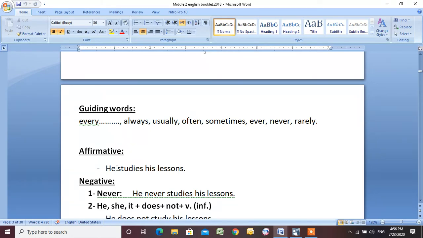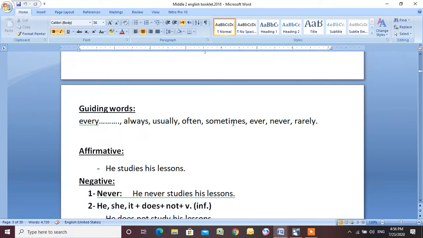So if I say he is a good student and I want to add sometimes, I will say he is sometimes a good student. So I put sometimes after verb to be. So these words come before any verb and they come after verb to be. Of course, rarely we put again at the end or at the beginning of the sentence.